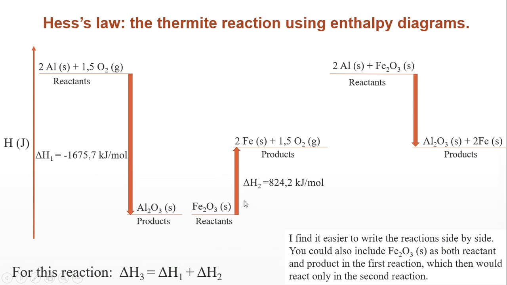I find it easier to draw them side by side like this. If you want to think about it, you can think about that aluminium and oxygen react together to form this. This just stays along for the ride throughout this reaction as well. And oxygen we have on both sides, so that can be simplified away. But I find it easier to just draw these side by side to illustrate their corresponding enthalpy changes.